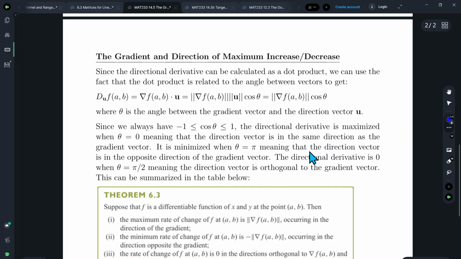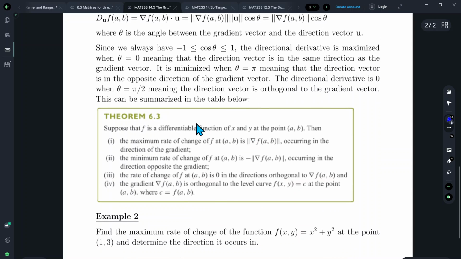And finally, if the angle is 90 degrees or pi over 2, then this expression is equal to 0, and the direction vector is perpendicular to the gradient vector. This is all summarized in this little table here.